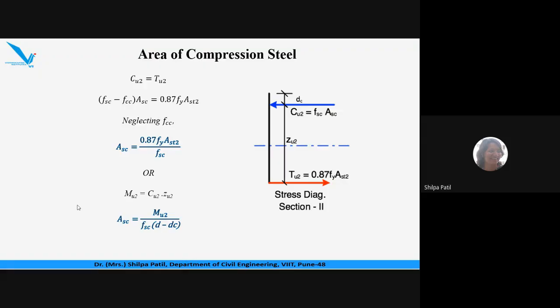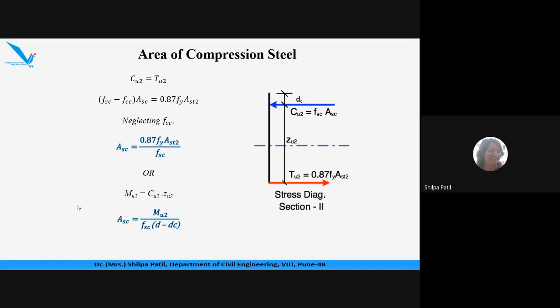In this expression, there are some constant terms like 0.87 and 0.36. There are also constant values for a given section of a beam, that is the B width value, which remains constant if the section has specific dimensions. For a specific beam, the other two parameters, FCK and FY, also remain constant.